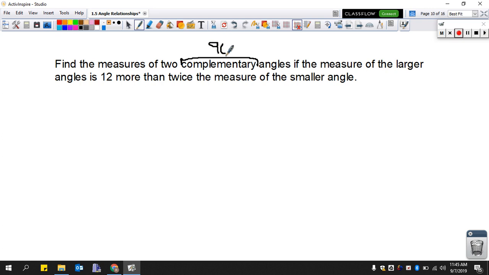So we have 2 angles that we know are going to add up to 90 degrees. So angle 1 plus angle 2 are going to add up to 90 degrees.